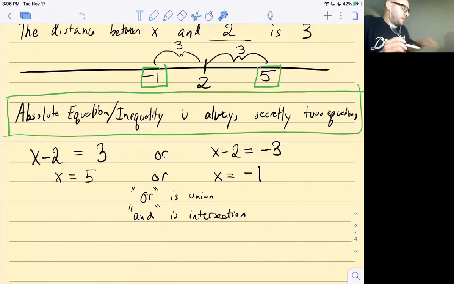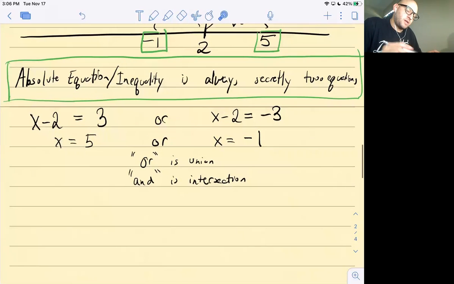let's do one more example. This time we're going to have two absolute values. Let me do here. Okay. This is example 3. And this one I'm going to show you a little bit of math speak in here.